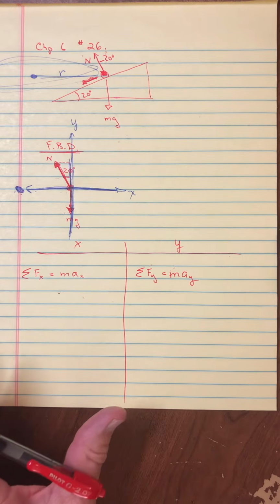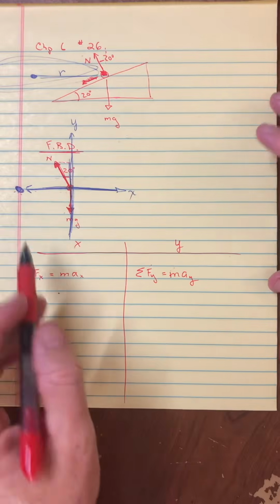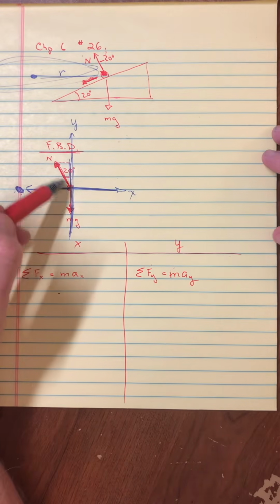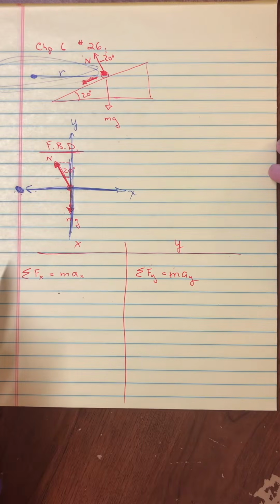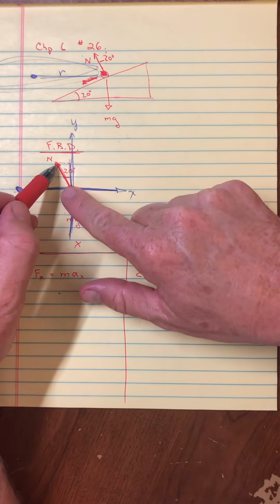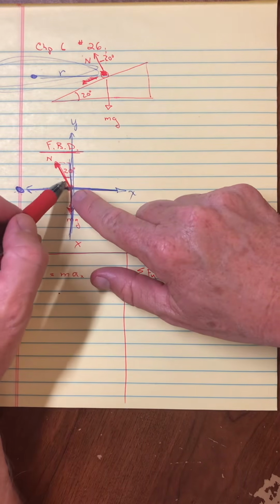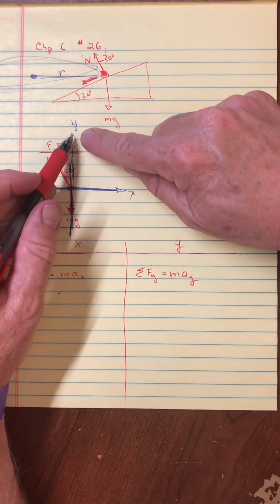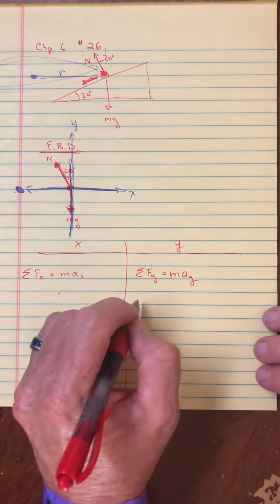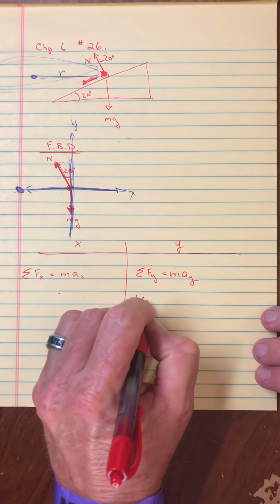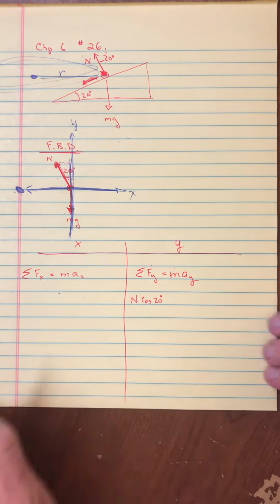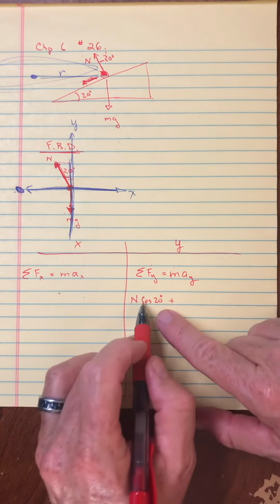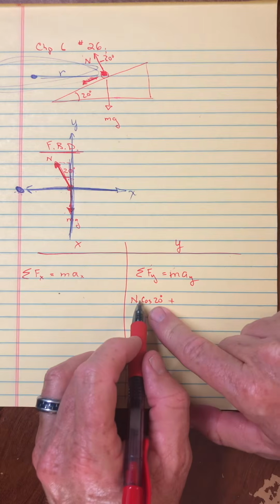All right. So maybe I'll just look at the two forces. Maybe I'll start with the normal force. As I look at the normal force, adjacent to 20 degrees, so that's the cosine function, is the positive y. So over here, I'd say normal times cosine of 20 degrees is the first piece of the y direction.